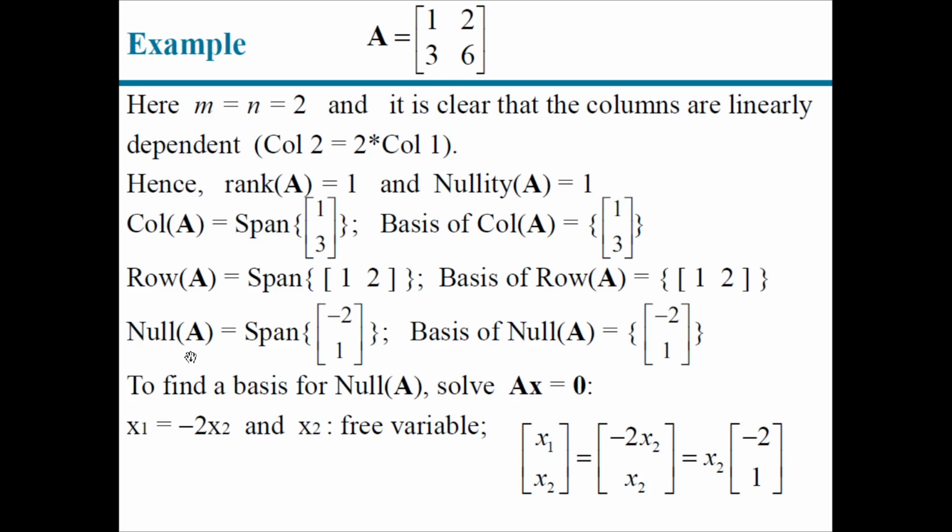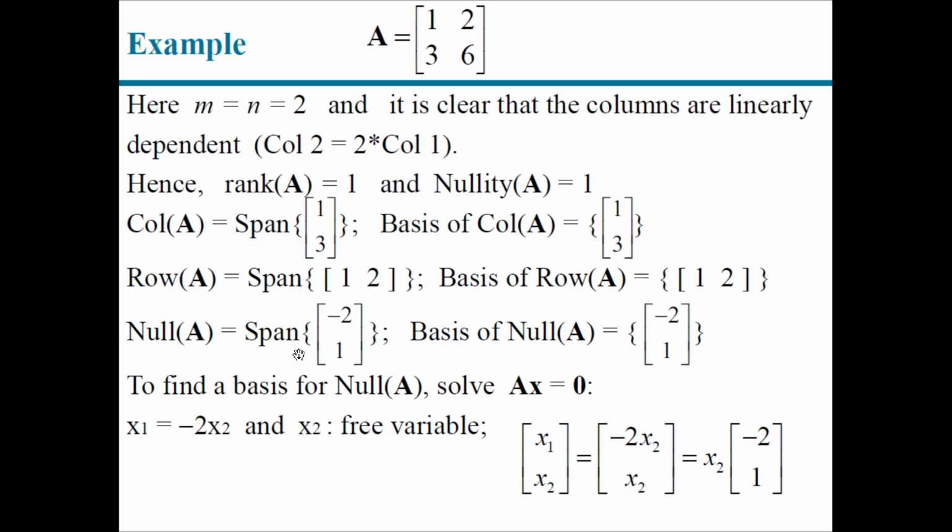For the null space, I need to solve Ax equals 0. I need to solve this, no other choice. It's not a big deal. Once you finish, you get a result like this: a scalar multiple of the vector (-2, 1). So a basis for the null space is this vector here.